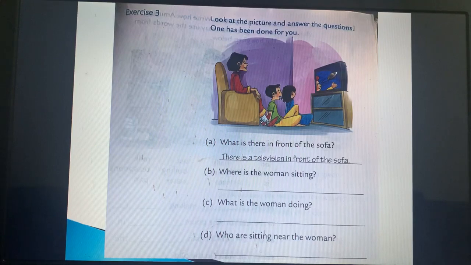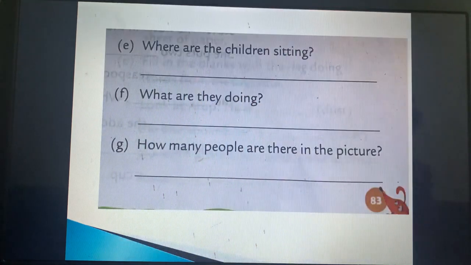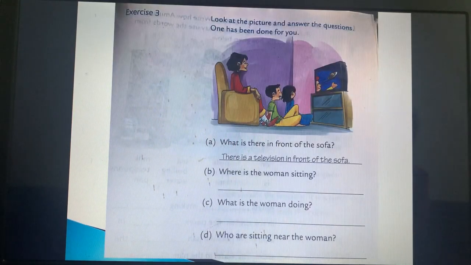Next is, who are sitting near the woman? Woman के साथ कौन कौन बैठे हैं? The children are sitting near the woman. Fine. Next question is, where are the children sitting? बच्चे कहाँ पे बैठे हैं? The children are sitting in front of the television.